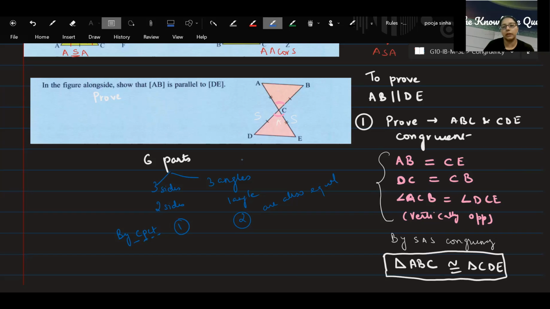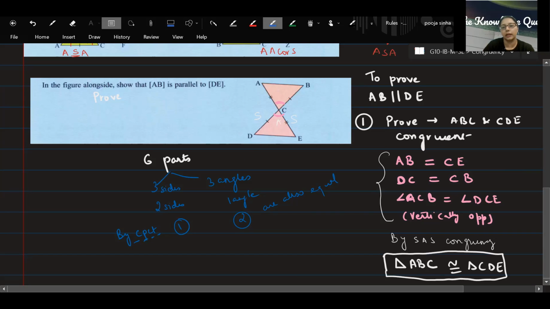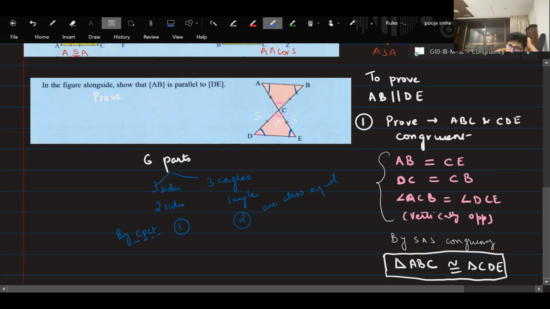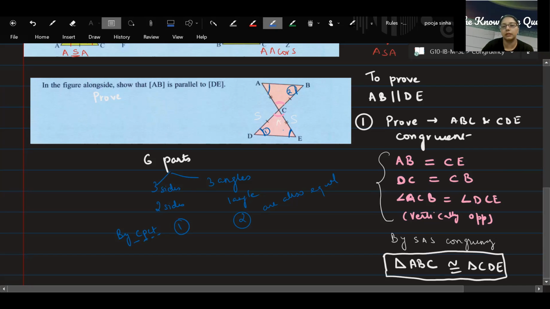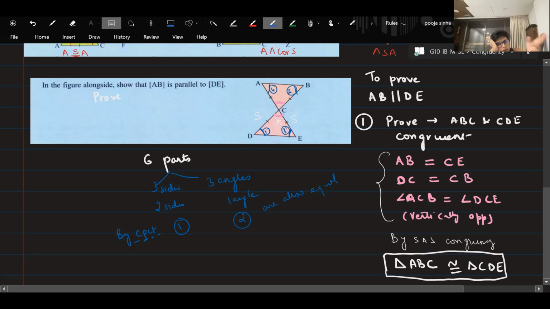So now can I say that this angle and this angle will be equal? Can I say that angle 1 will be equal to angle 2 and angle 3 will be equal to angle 4? Even sides AB and DC are equal, बचे हुए sides भी, right?